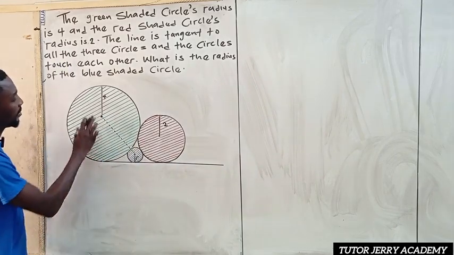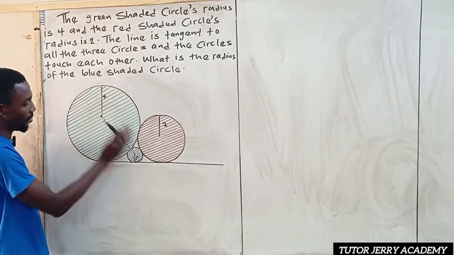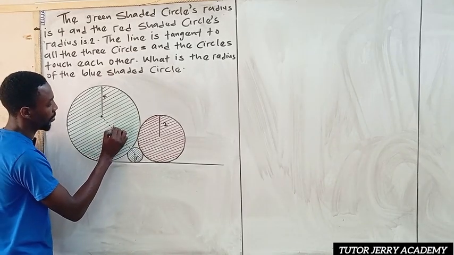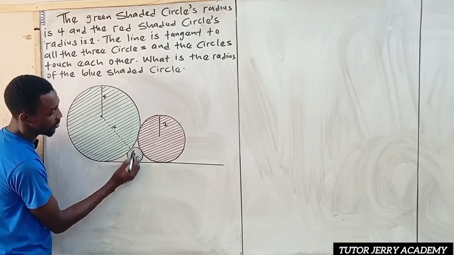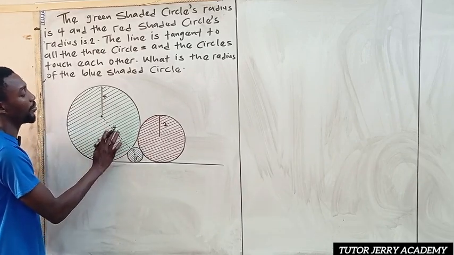So if I connect these 2 points together, you can see I already know that the radius of this circle is 4. So from this point to this point is going to be what? 4. And this point to this point is also a radius, and it is given to us to be R. So the total length of this is going to be 4 plus what?